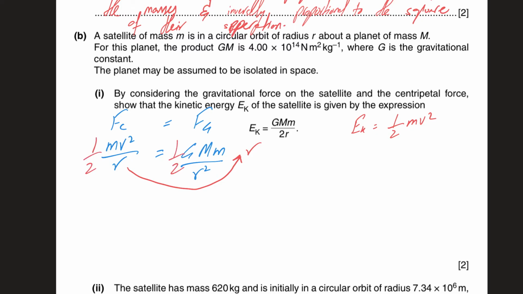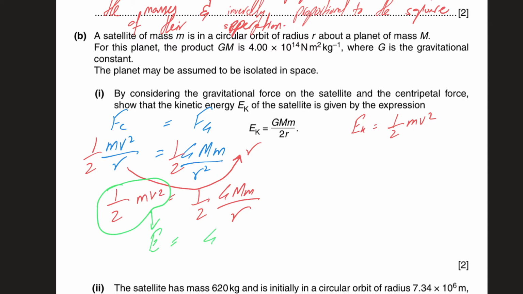This gives me half mv squared equals half GMm upon r. This r here cancels out with this square. Now I can replace this half mv squared with Ek equals GMm upon 2r. So we've proved the expression.